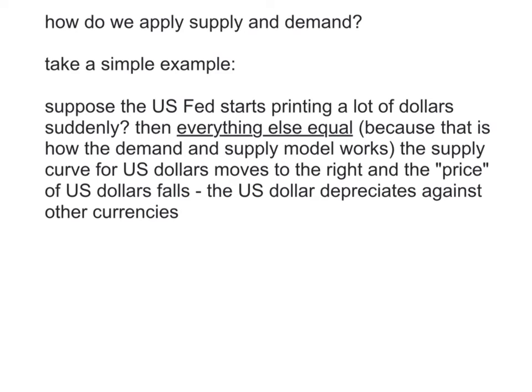So let's suppose the US Federal Reserve starts printing a lot of dollars. Then what's going to happen, I hope you recall, is that the supply curve moves to the right. The equilibrium intersection between the demand and supply curves implies a lower price for the thing being traded.